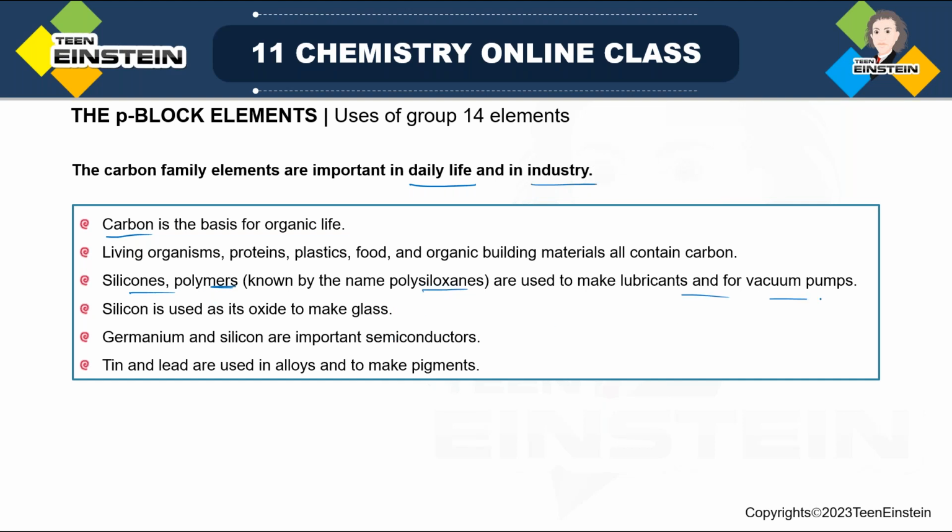They are used to make lubricants and for vacuum pumps. Silicon is also used in making glasses. Germanium and silicon are also used as semiconductors. And the next two elements, tin and lead, are used in alloy formation and to make pigments.